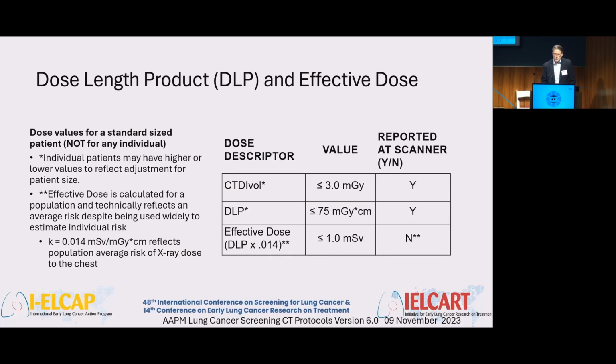So we're really using these tools to estimate the dose on a per population level and on a per scanner basis. And the CTDI vol has become the standard because it enables us to compare different scanners and different parameter settings for those scanners across vendor platform models and makes.